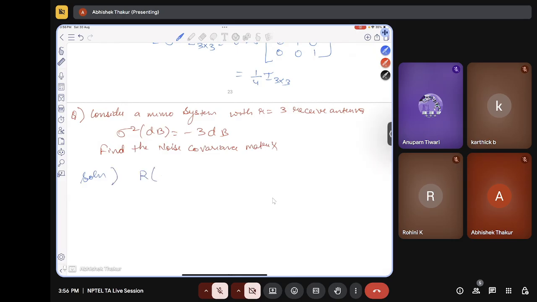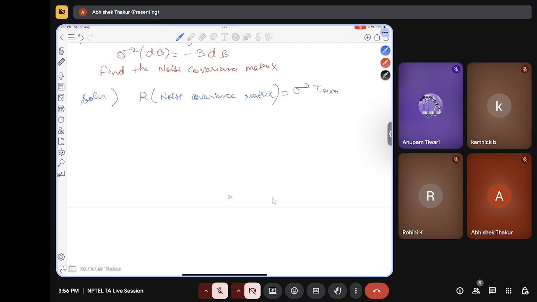So for solving this question, the noise covariance matrix, as we have studied here, is the variance square into the identity matrix. So this can be given as R is equal to sigma square I 3 cross 3, because here R is equal to 3 receive antennas and sigma square in dB is given as minus 3 dB.